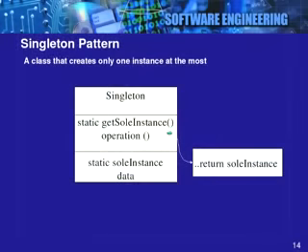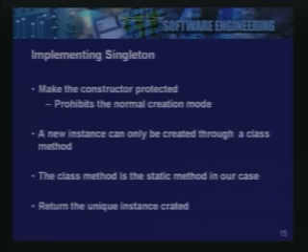So this is a static method, and you invoke it on the class, and the get sole instance method returns you the sole instance, which is also a class variable. So you can see that it's named as static sole instance, and the data and the operation belong to the instance, they are not static. So this is your singleton pattern.